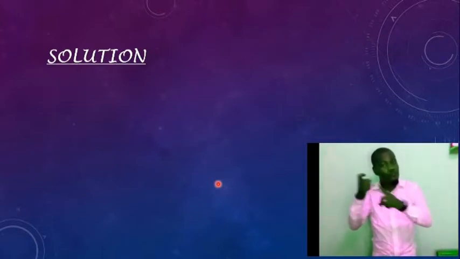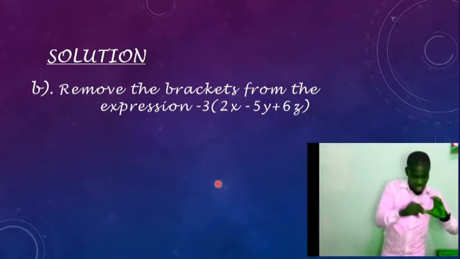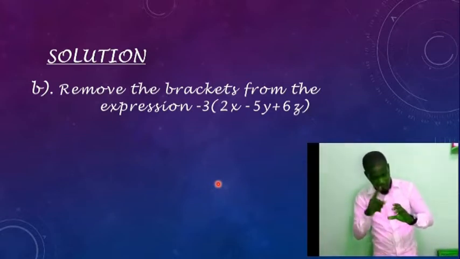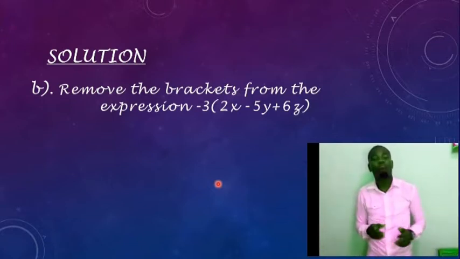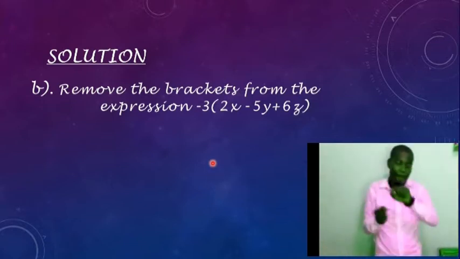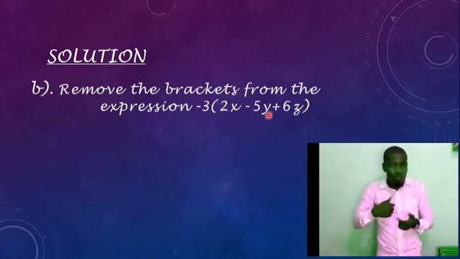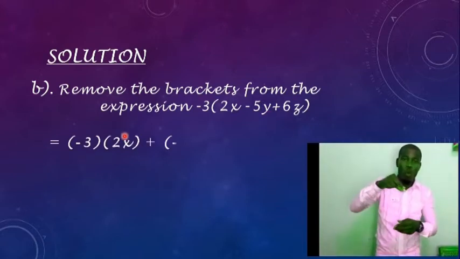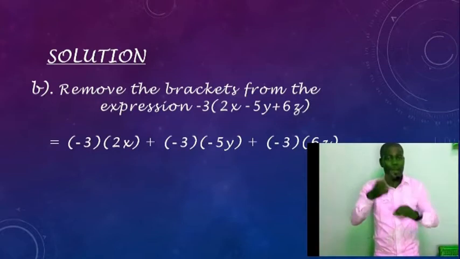Remove the brackets from minus 3 into bracket 2x minus 5y plus 6z. So we will multiply minus 3 by these entries in this bracket. We multiply the quantity outside with all the items in the bracket.